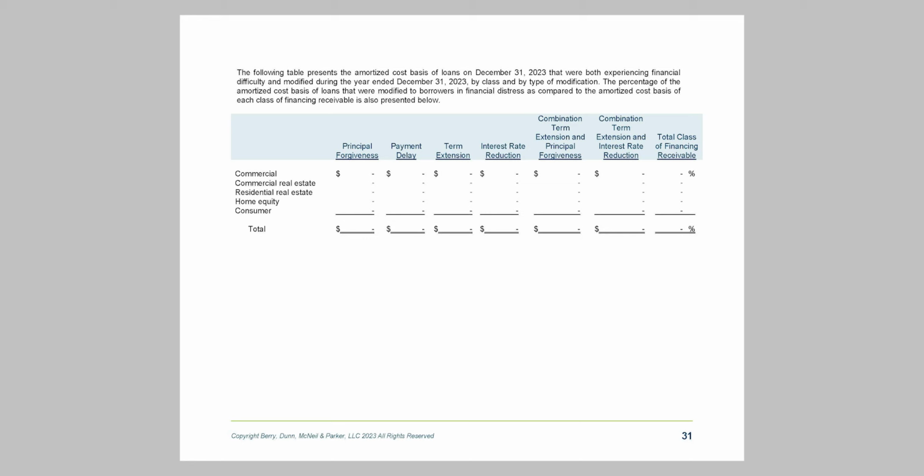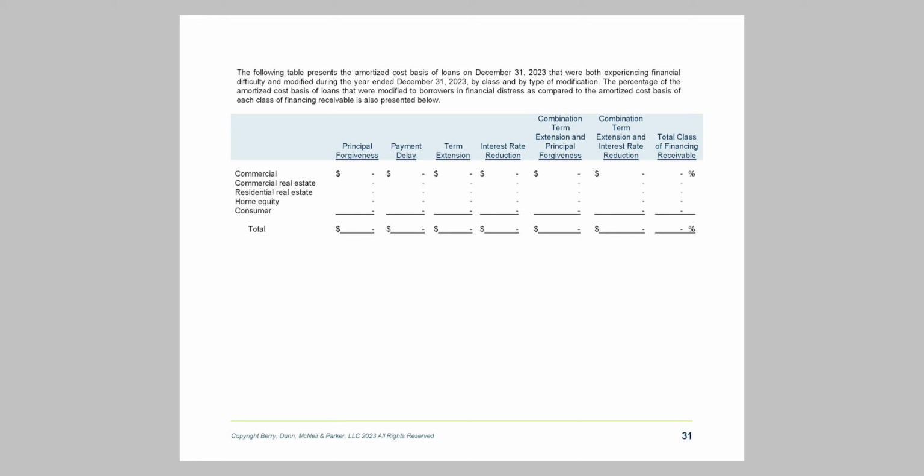Now, however, if you have a loan that's modified in more than one way, so maybe it's principal forgiveness and term extension, for instance, you will not disclose that loan twice, once in the principal forgiveness bucket and again in the term extension bucket. Rather, you'll create a separate bucket, so to speak, and disclose it there.